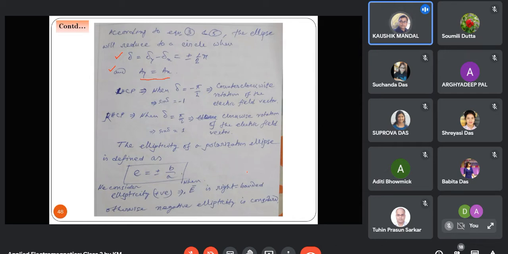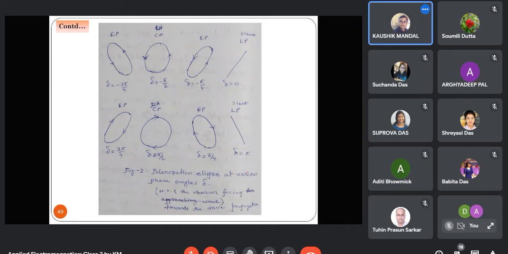Now, with this basic discussion, depending on the delta value and the ratio between Ay and Ax, we can draw different types of polarization state. First, we are considering the case of left-hand circular polarization.